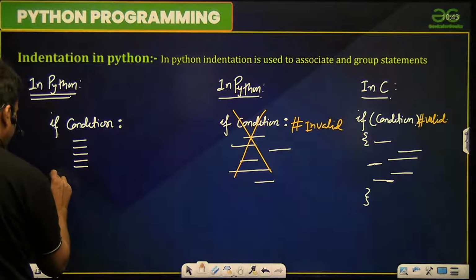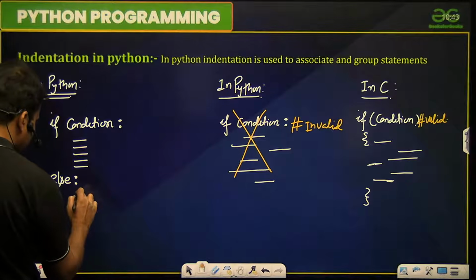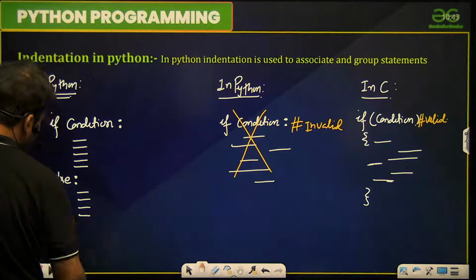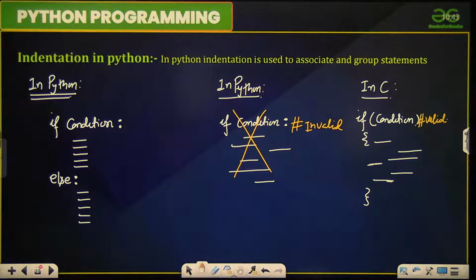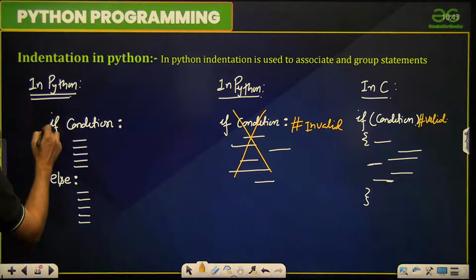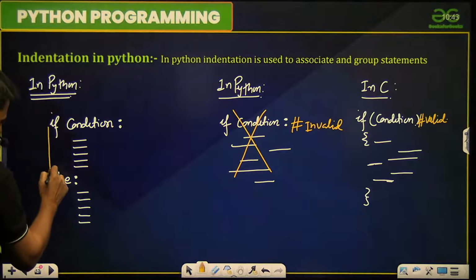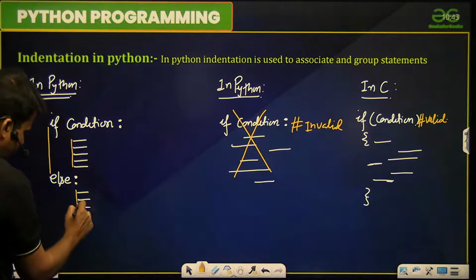Similarly, for if you use the else part also. So you can check here, sir, in the if and else combination, the indentation is the same. Similarly, sir, all lines have the same indentation, all lines start from here.